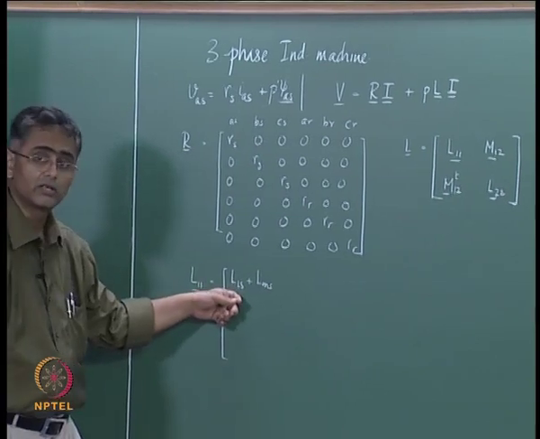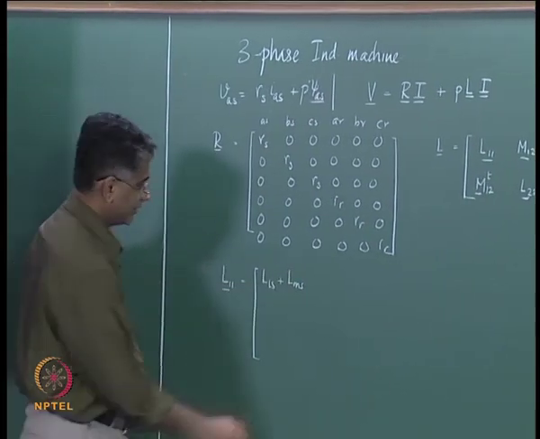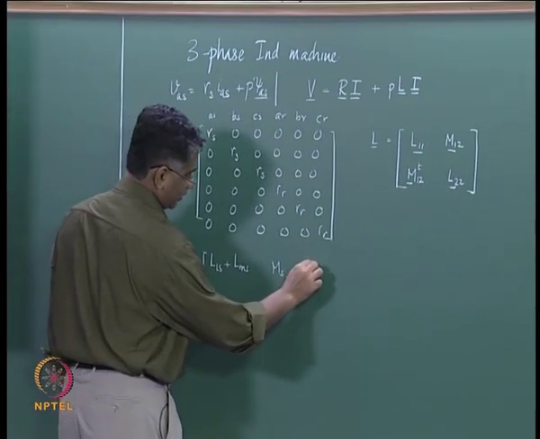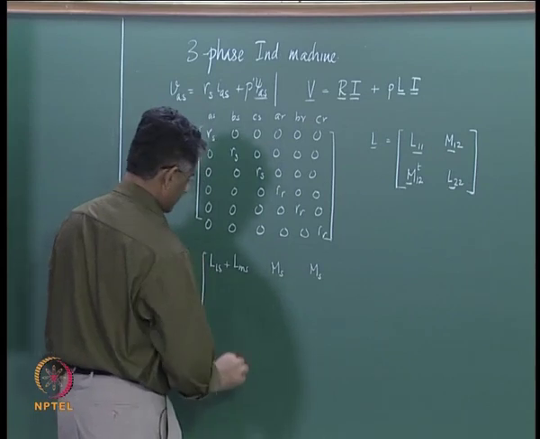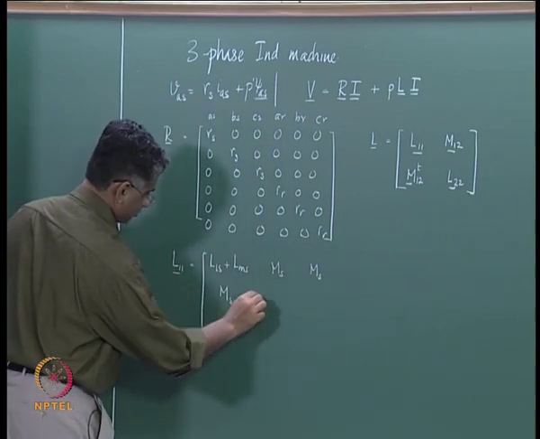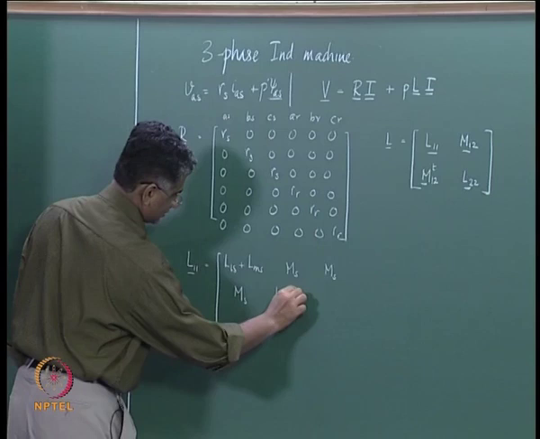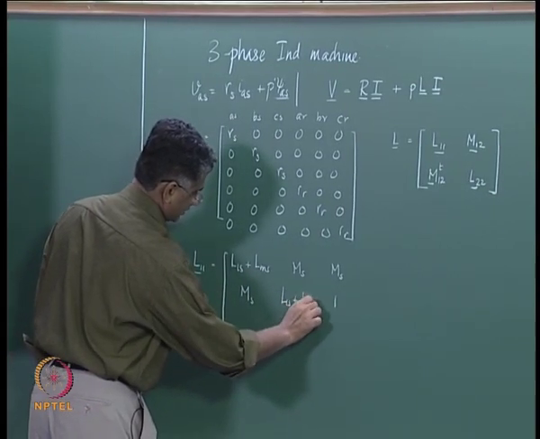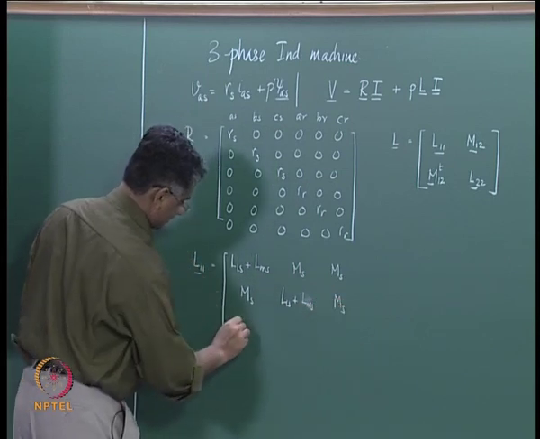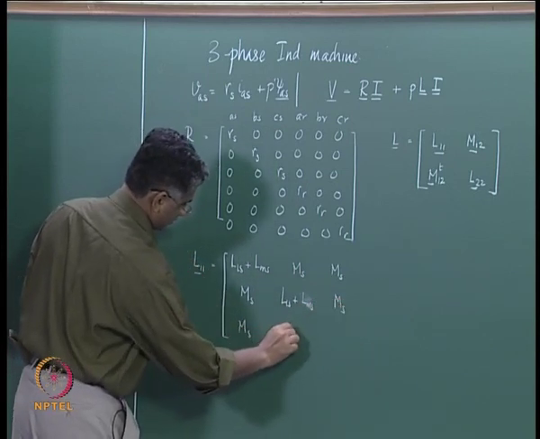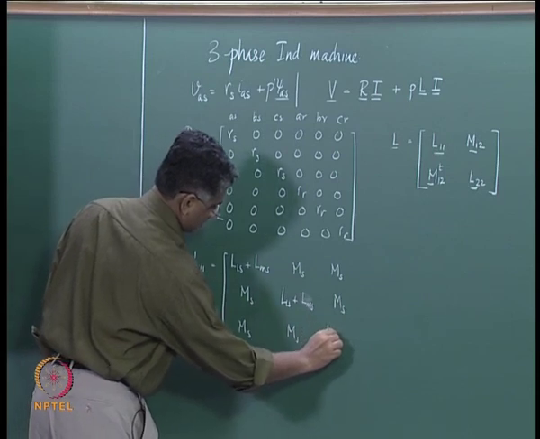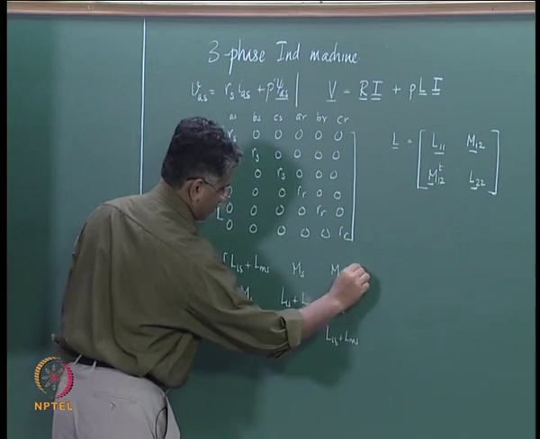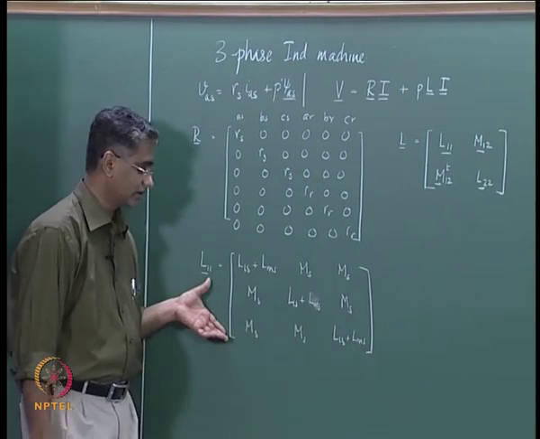This is the leakage inductance per phase, and this is the magnetizing inductance, and then this is the mutual inductance between the stator phases, MS again, and here there is MS, LLS plus LMS, and MS here, LLS plus LMS. This is the self inductance matrix.